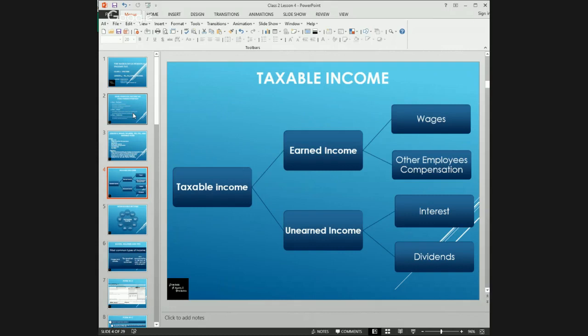So the first piece is understanding that taxable income comes in 2 forms, earned and unearned. We're going to be focusing on the earned income tonight. That's going to be wages and other employee compensation. We'll be focusing on the unearned in lesson 5.